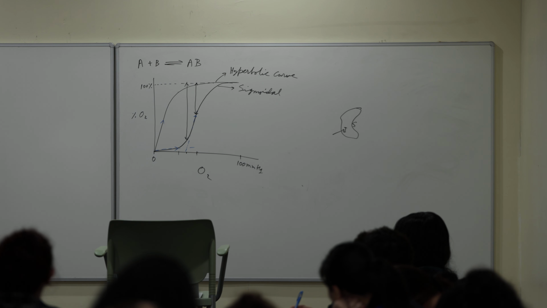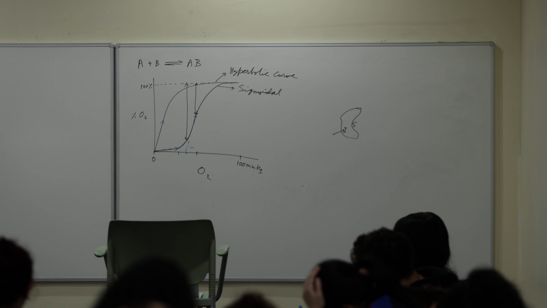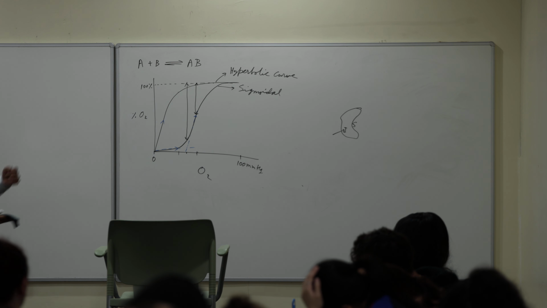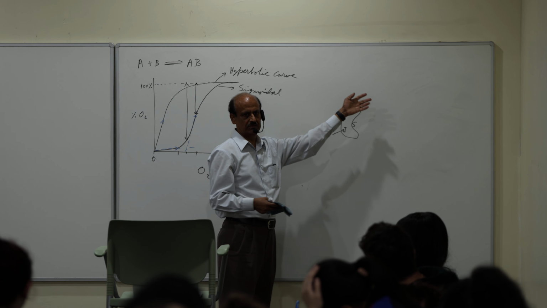It is an effector of oxygen binding. Effector means it can be an activator or inhibitor. So there are some molecules that inhibit binding of something. I'm not talking about hemoglobin, but any molecule that binds to any protein.